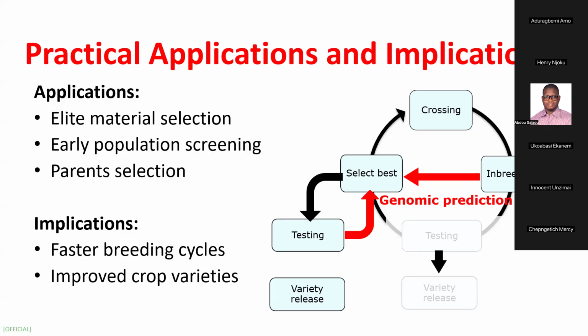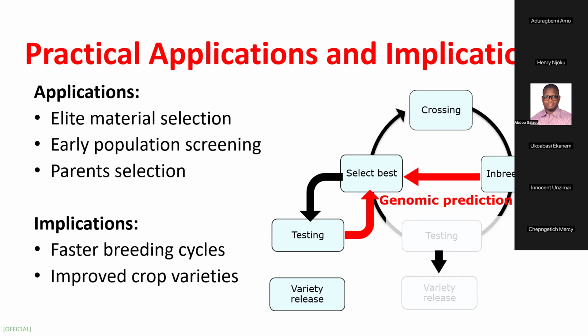The biggest part of this is to be able to increase selection intensity, to be able to select fast. If you are looking at, let's say, yield, you have to wait to plant, and then to mature, and then to harvest. That's when you're going to see your yield, right?